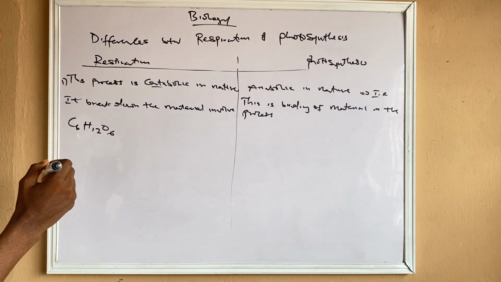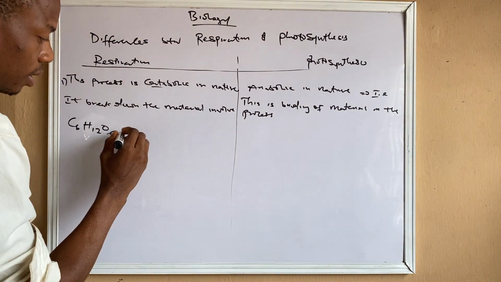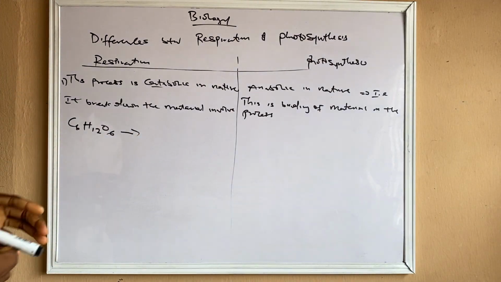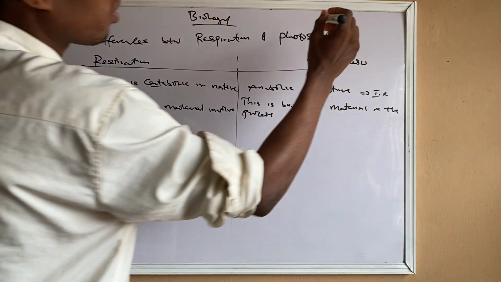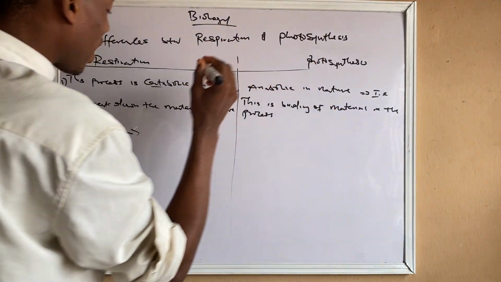C6H12O6, right? Because once we do respiration, there's a complete breaking down of glucose, because in a series there is something called glycolysis.